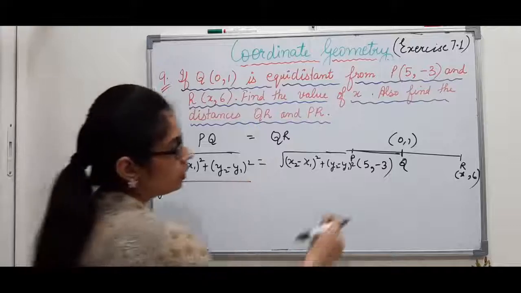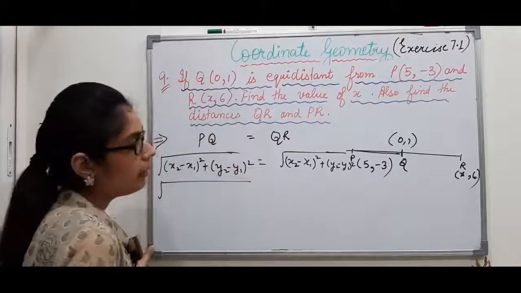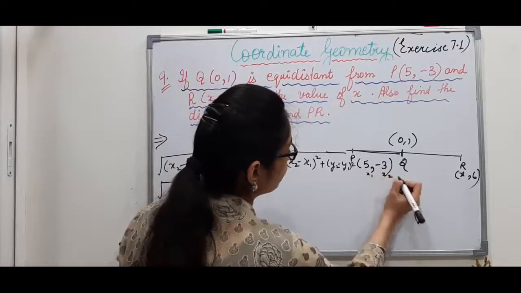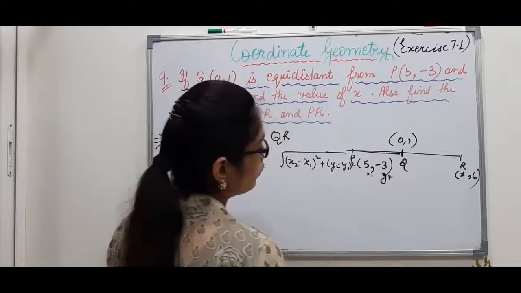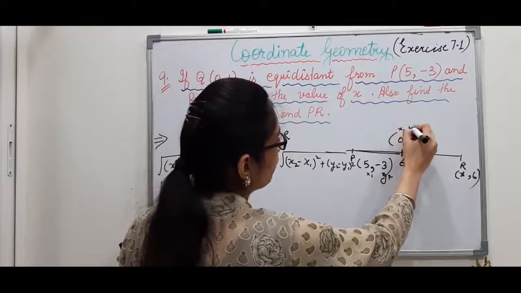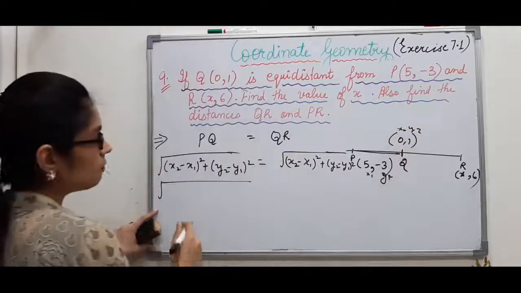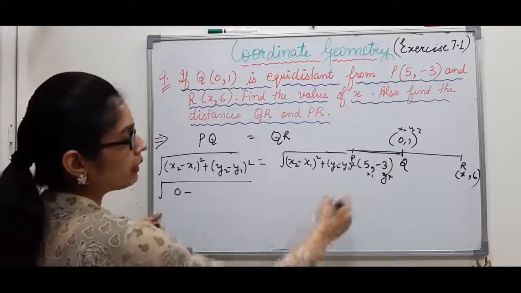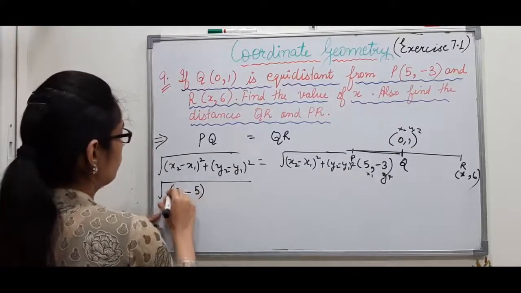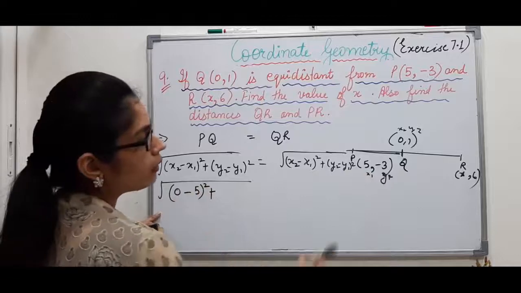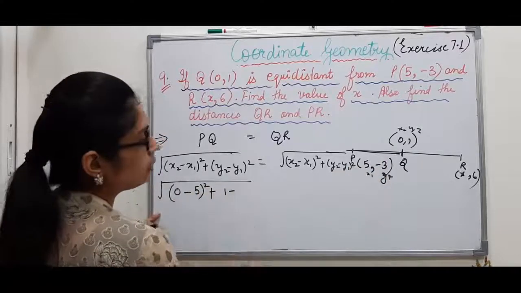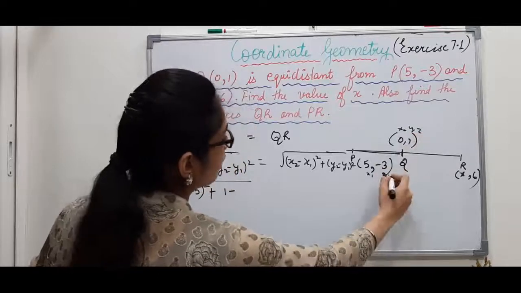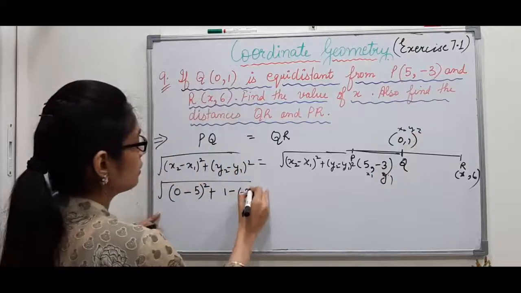Now, when we are finding PQ, I will mark these points as x1 y1 and x2 y2. So here we will substitute the values. X2 is 0, x1 is 5, whole square, plus y2 is 1, minus y1 which is minus 3. So minus of minus 3.